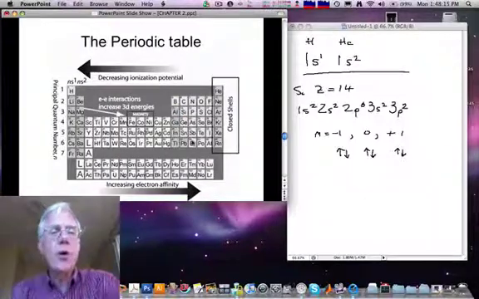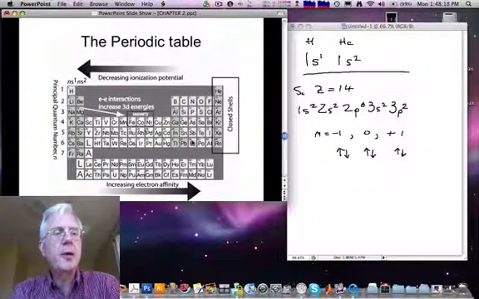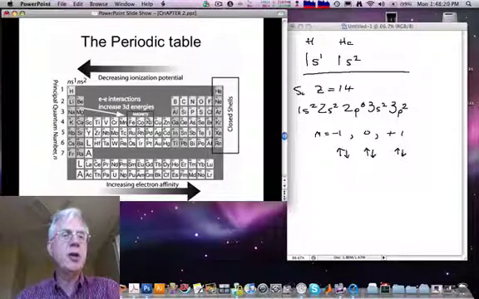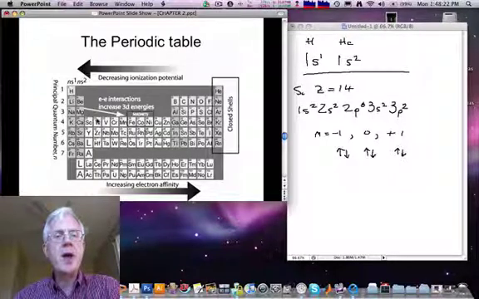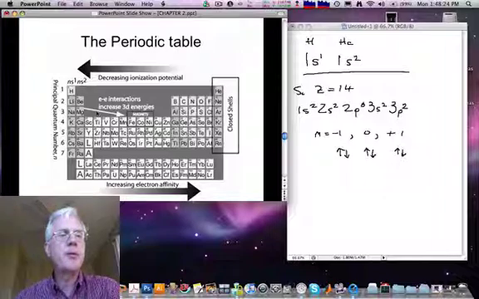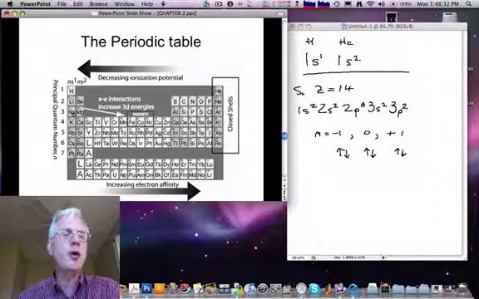So here it is, the wonderful periodic table. So just to remind you about the commonality of chemical properties, down here we have the alkali metals. Hydrogen's a little special, but these are all violently reactive, love to donate electrons.